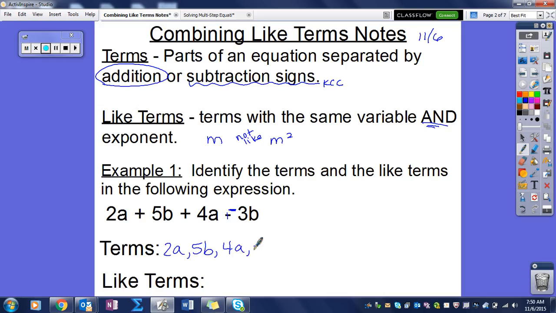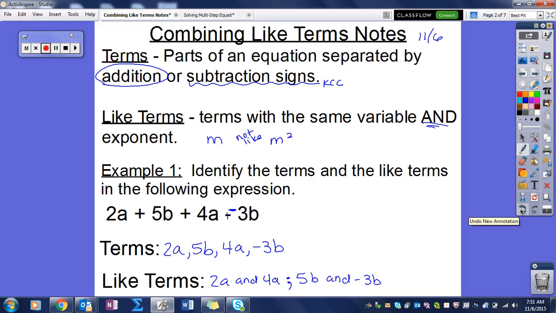And then the last term is negative 3b. It's super important to include the negative. My like terms are 2a and 4a because they have the same variable, and then 5b and negative 3b. Take a second to pause if you need to copy that down.